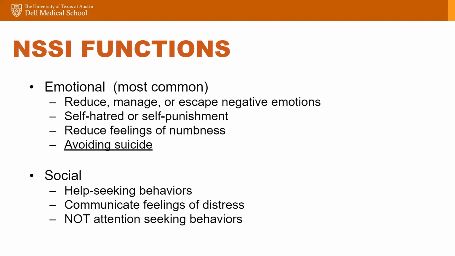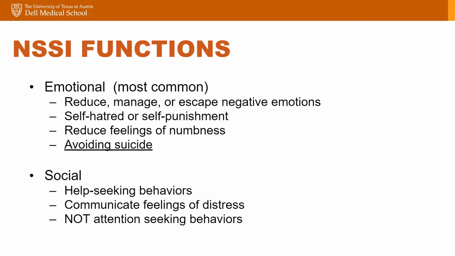So functions are complex and should be understood keeping psychological, social, and biological factors in mind. These can really be varied from case to case, but what I have on screen is a brief overview of some of the most commonly cited reasons or functions for engaging in self-injury.